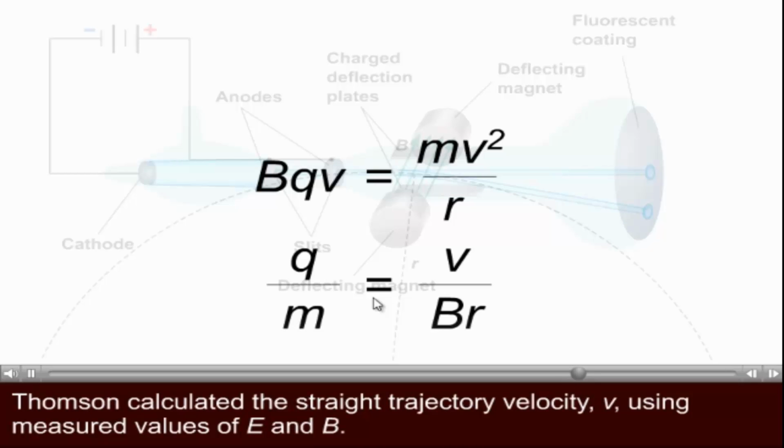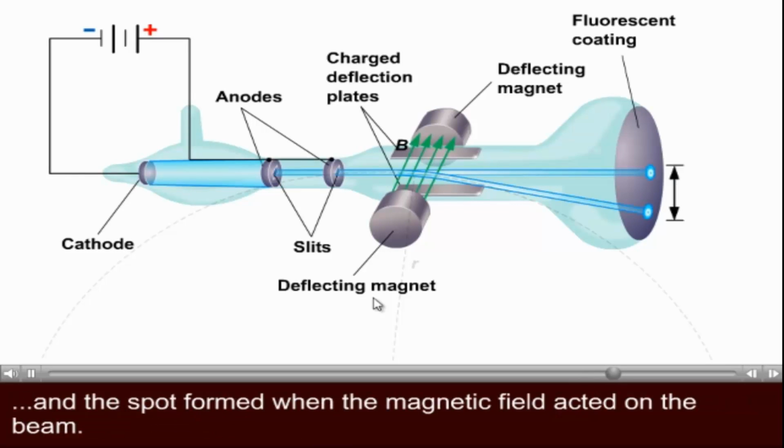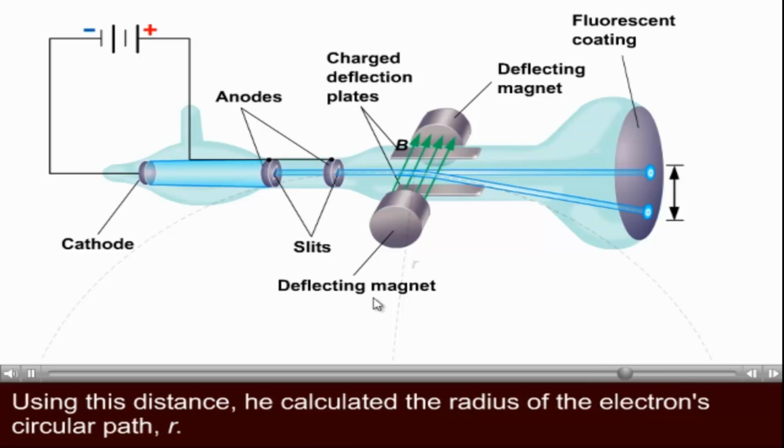Thomson calculated the straight trajectory velocity, v, using measured values of e and b. Next, he measured the distance between the spot formed by the undeflected beam and the spot formed when the magnetic field acted on the beam. Using this distance, he calculated the radius of the electron's circular path, r.